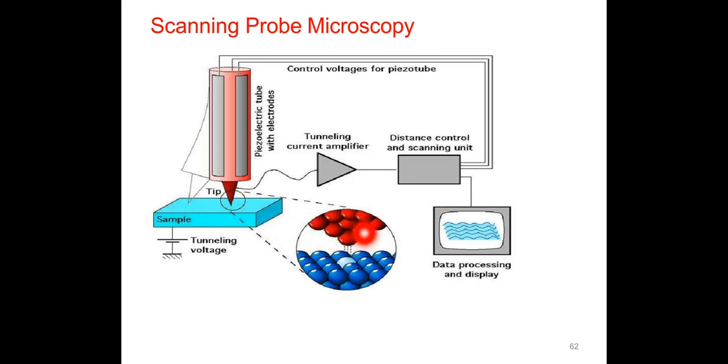Now see here, this is the zoom image of the atoms. So finally the data is processed here and we can see the data which is displayed here. Now see, a laser measures the distance of deflection that is reflected to a photodiode.